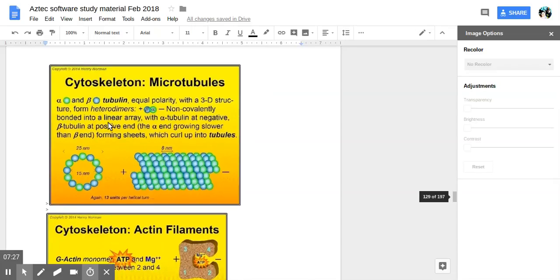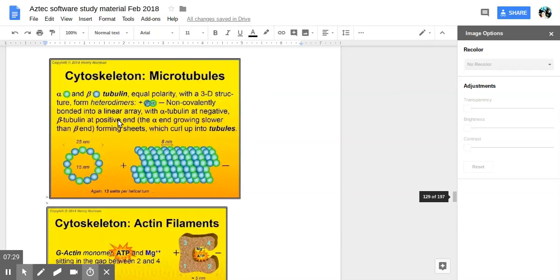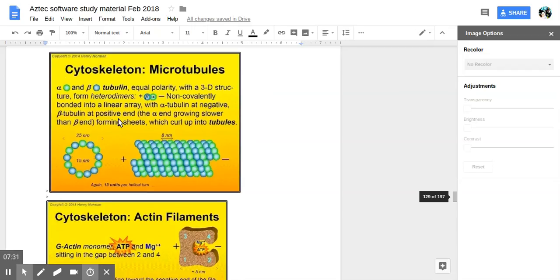So cytoskeleton, microtubules: alpha and beta tubulin of equal polarity with 3D structure from heterodimers, meaning they have multiple subunits, non-covalently bonding into a linear array with alpha tubulin at negative, beta tubulin at positive.